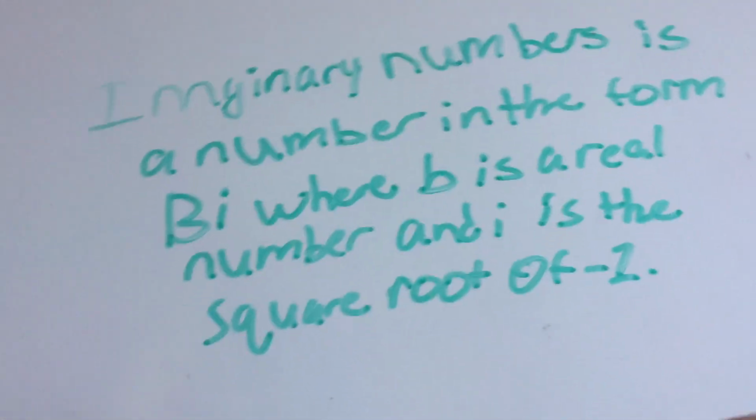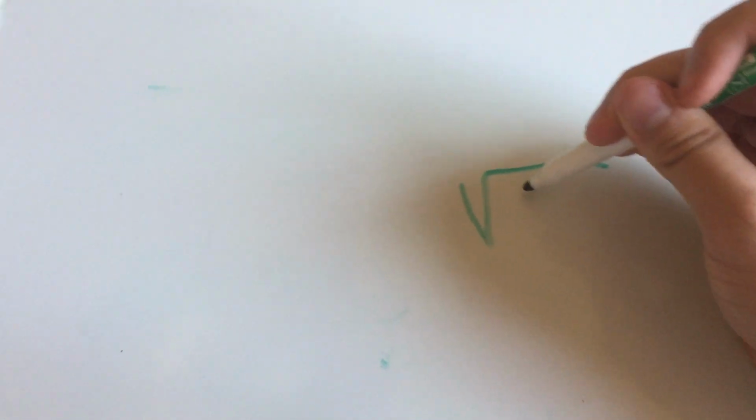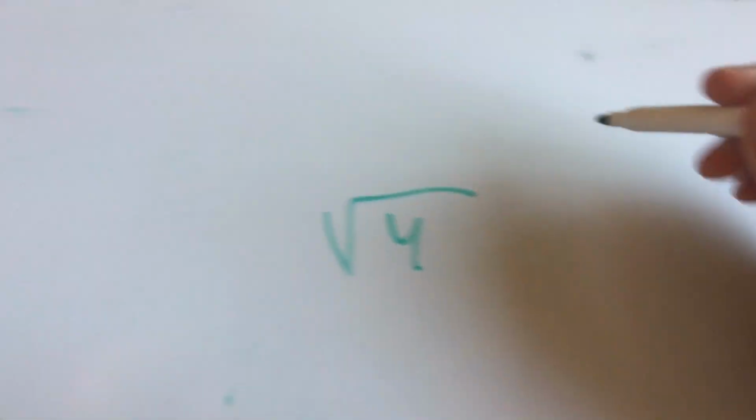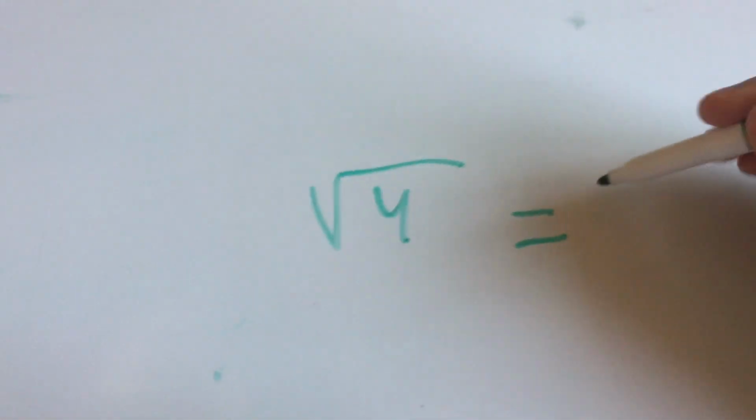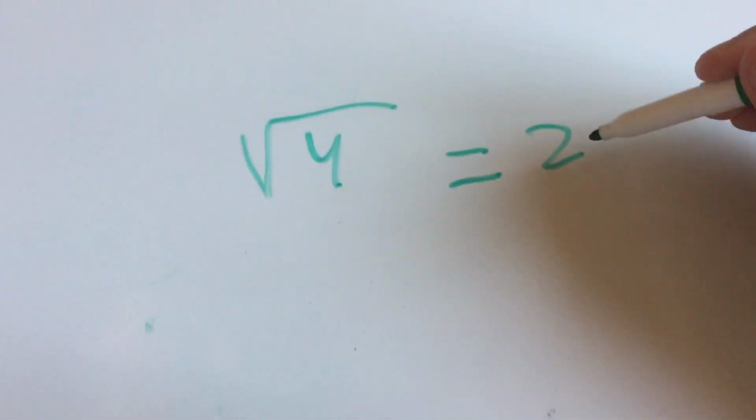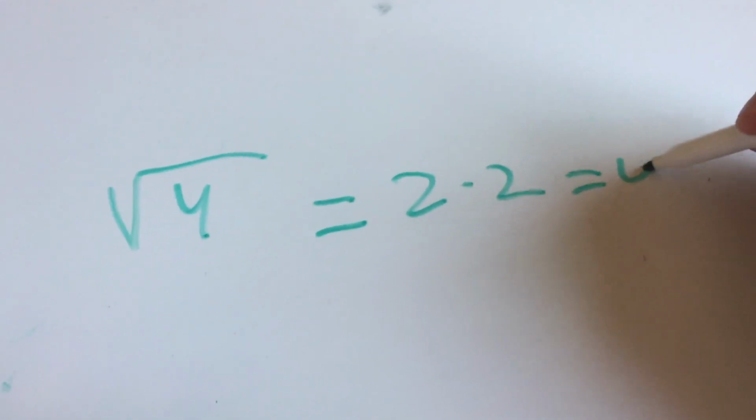So if we do some basic examples, the square root of 4 is 2 because 2 times 2 equals 4.